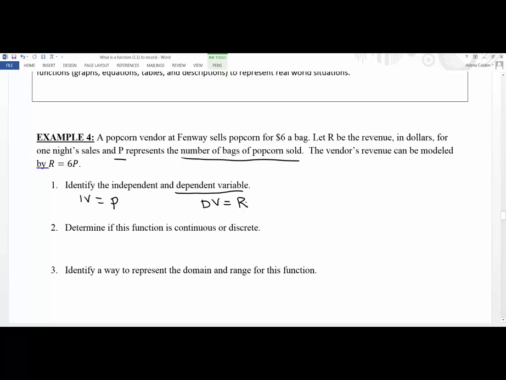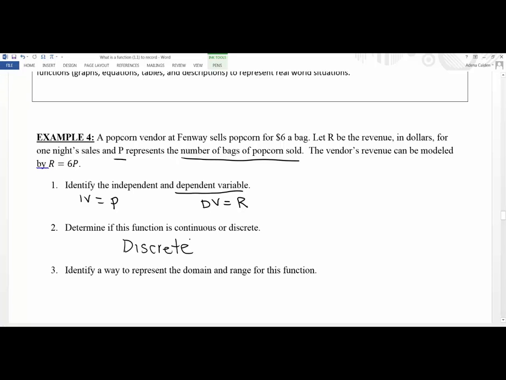It doesn't make sense to plug in something like 1.5. The vendor cannot sell 1.5 bags of popcorn because popcorn bags are individual units. So in this case, this function is going to be discrete because the numbers that we can plug in are set numbers and we can't plug in numbers between them.